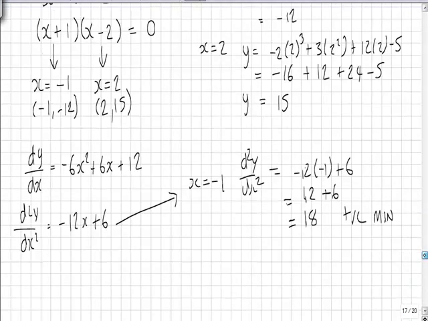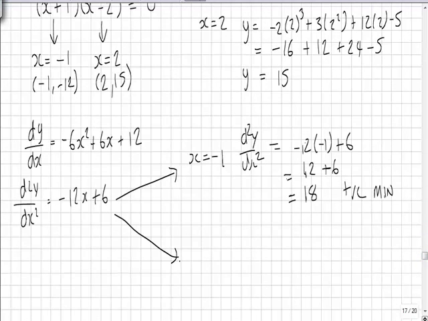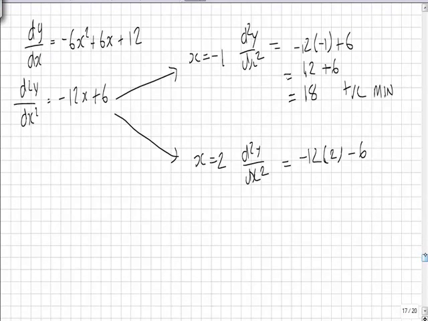If we look at the second value of x equaling 2, d2y by dx squared is going to equal minus 12 times 2 plus 6, which gives us minus 24 plus 6, which is minus 18, which is negative, which implies a maximum.